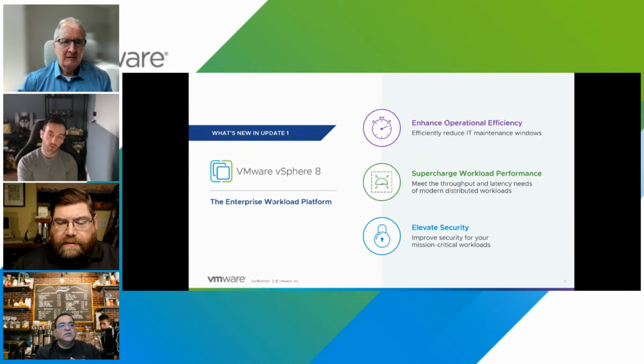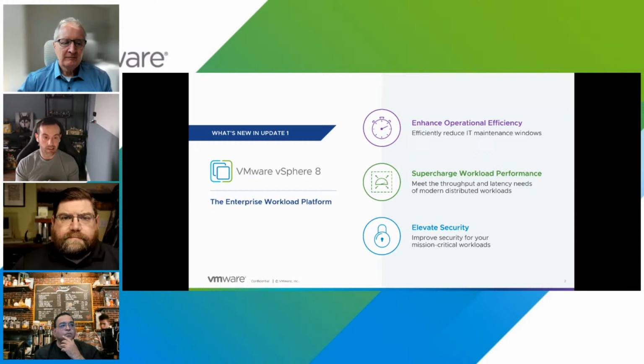Sure, yeah. So obviously vSphere 8 Update 1 is going to build on all the great stuff that we did in the initial vSphere 8 release. And I'll talk about three aspects here to begin with. The first thing is vSphere configuration profiles. This is a net new feature.